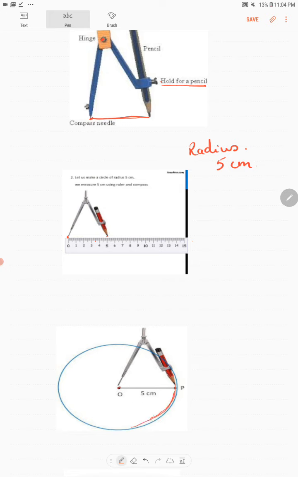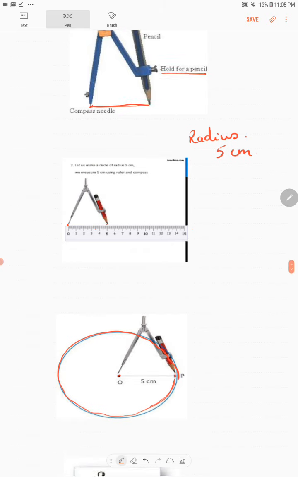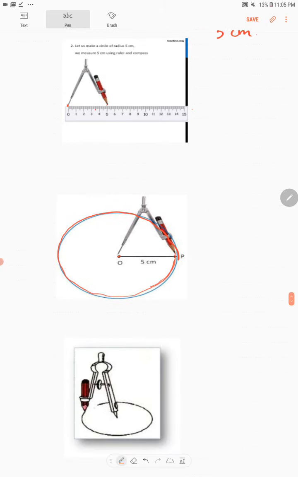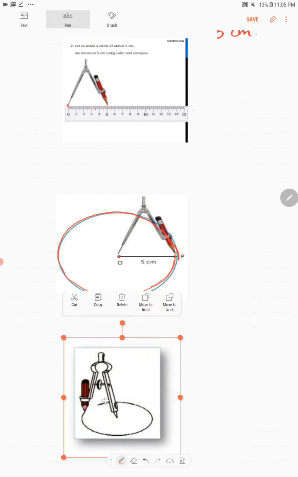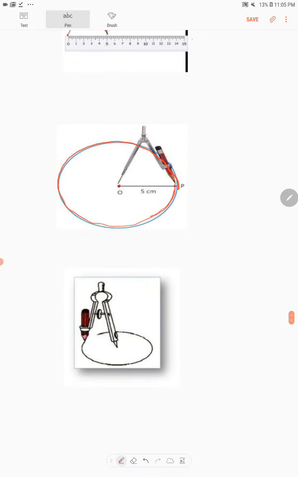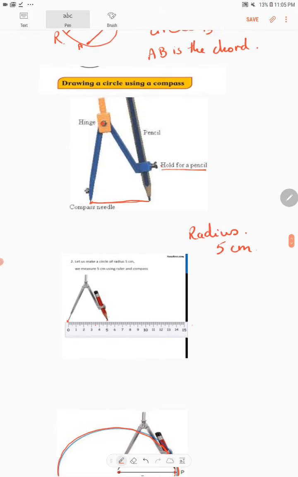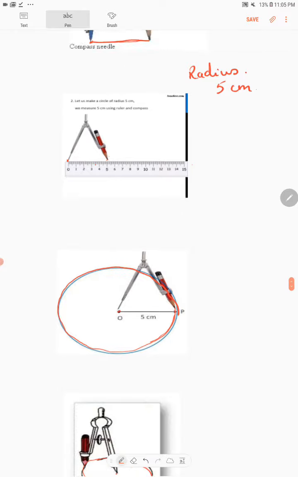You are just going to shift this pencil around until it comes back to where it started. This has to be fixed at one place and you shift the pencil around like this. This way you can draw a circle using a compass.